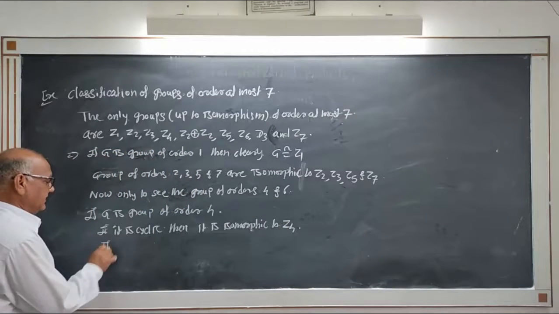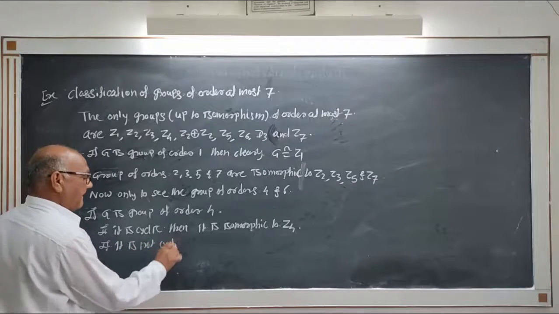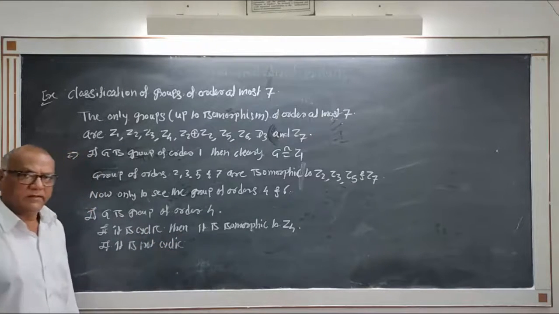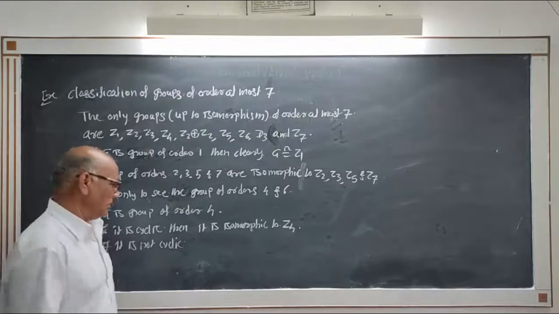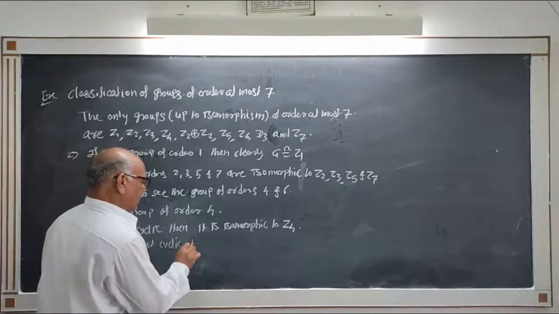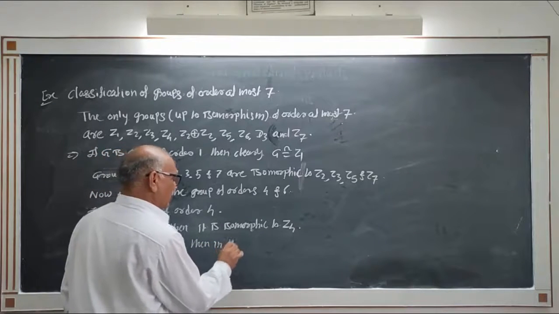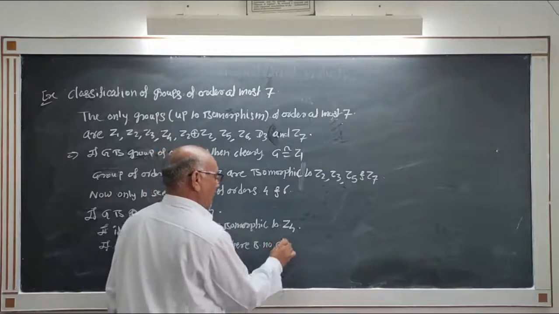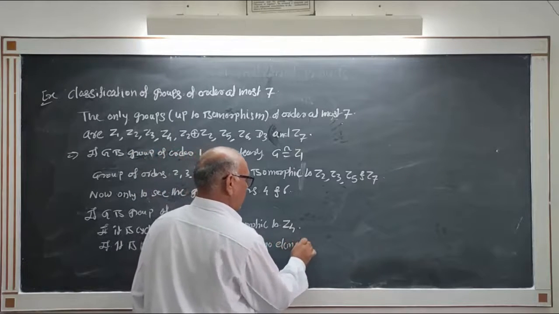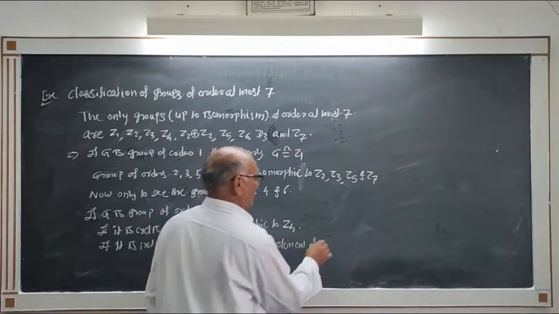If it is not cyclic, that means there is no element of order 4 in G.